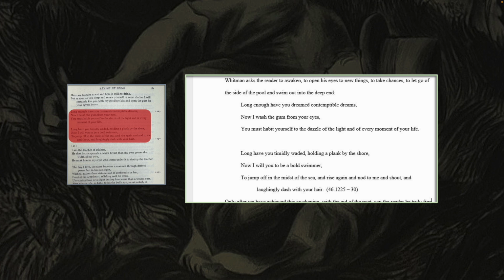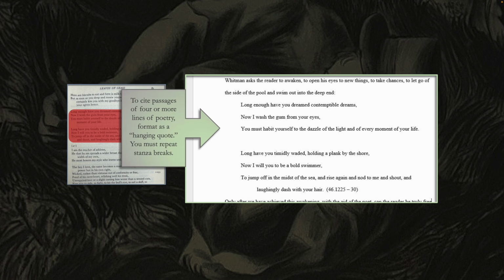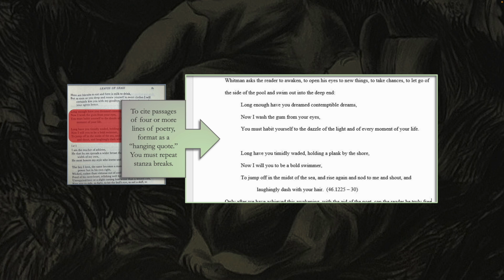I have to format it as a hanging quote using complex attachment. So here is my hanging quote. Again, the whole thing has a hanging indent, 1/2 inch from my left margin. And with hanging quotes, when you're quoting poetry, you must include the stanza break. So I've got an extra line in there to make the stanza break visible, since I'm not using forward slashes anymore, since this is a block quotation.